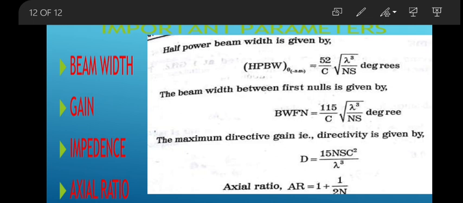Here the directive gain D is equivalent to 15 n S C squared by lambda cubed, where n is the number of turns, S is the spacing between the turns, C is the circumference of the turns, and lambda is the wavelength. Finally the axial ratio, the ratio of the E theta to E phi components, which is 1 plus 2 by n, where n is the number of turns. So this is about the axial mode operation of the helical antenna.